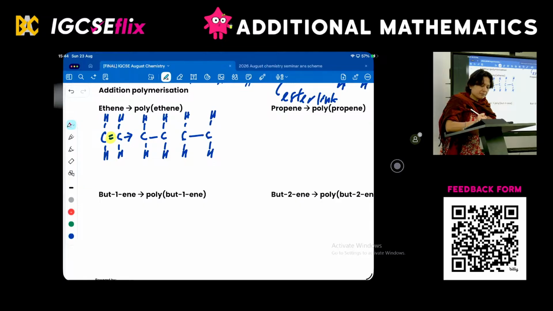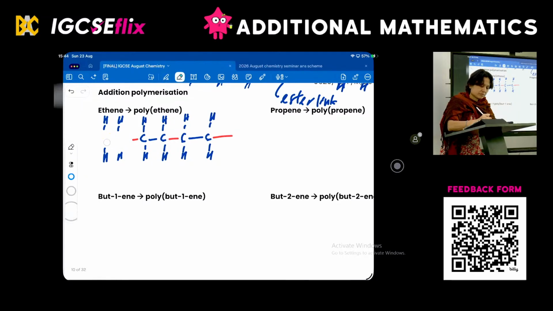Now it opens up to become a single bond. And they hold each other. Okay? So you started out with a double bond. You take many together.